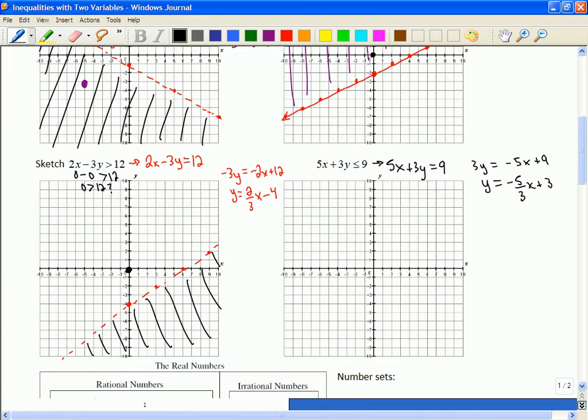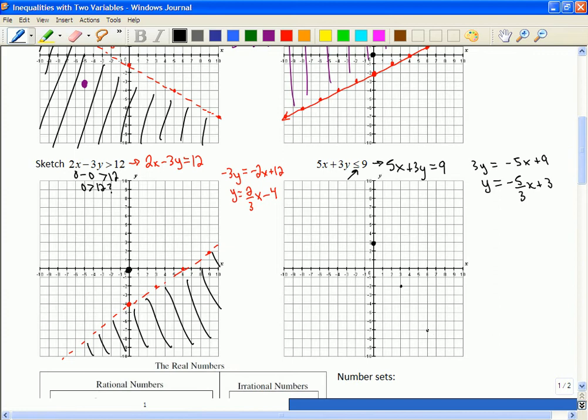Okay? Is this going to be a solid or dashed line? Solid line, because the equals is in that equation, so it's solid. So plus 3, and I'm going to go 3 over and 5 down.